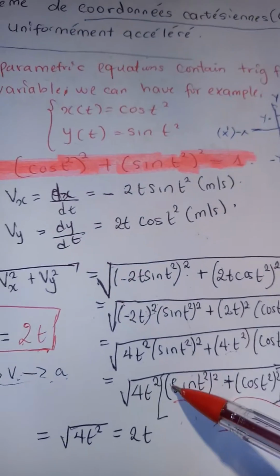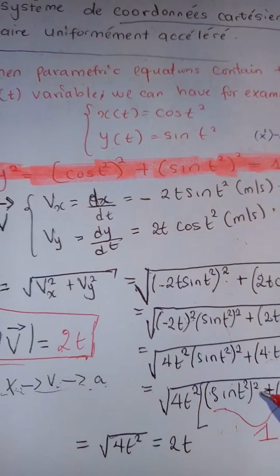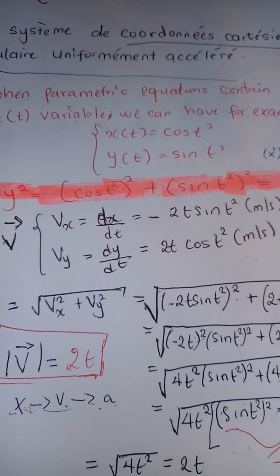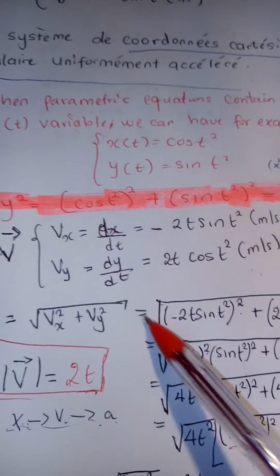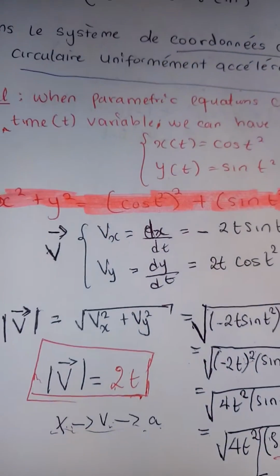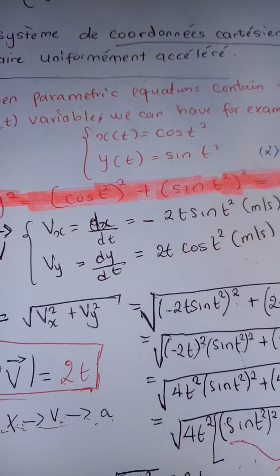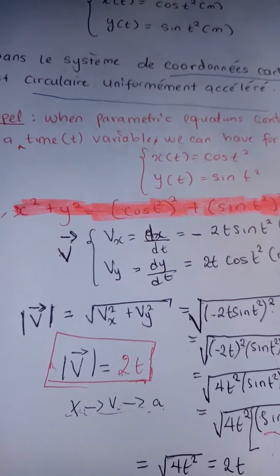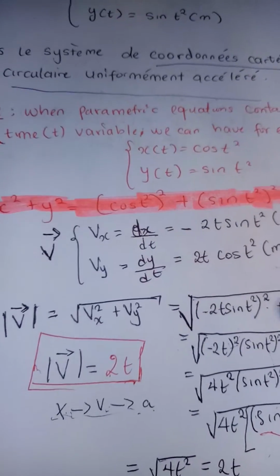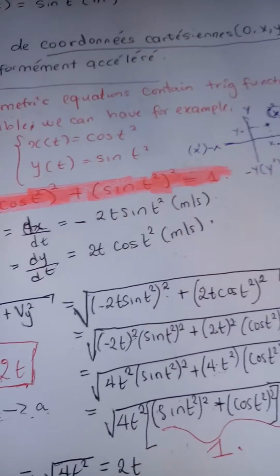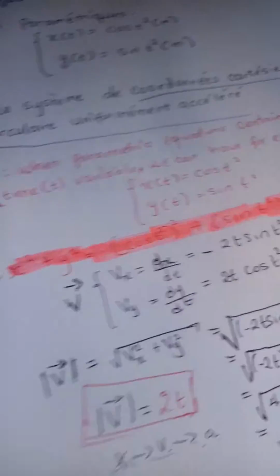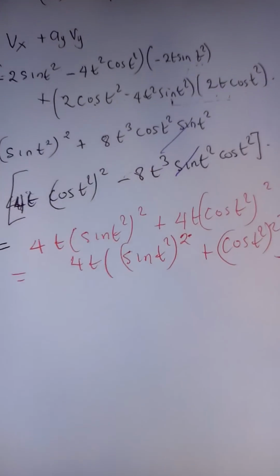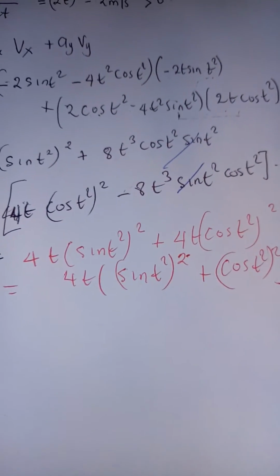The first time we saw it was when we were calculating the module of the vector vitesse, the velocity vector, and now again we are seeing it. We should maybe write it in a jotter where you have this expression in trig and then you get it as 1. It's very important, as we can see where we have to use it. We've used it like twice already.